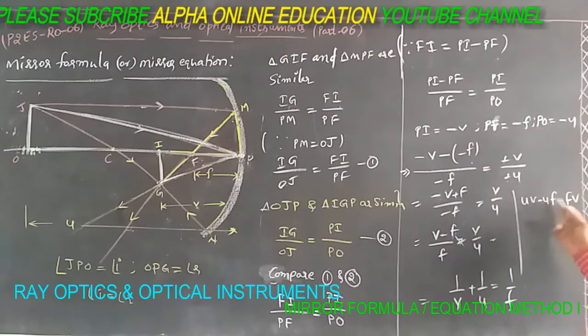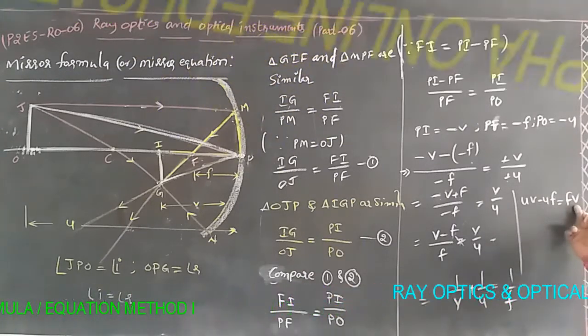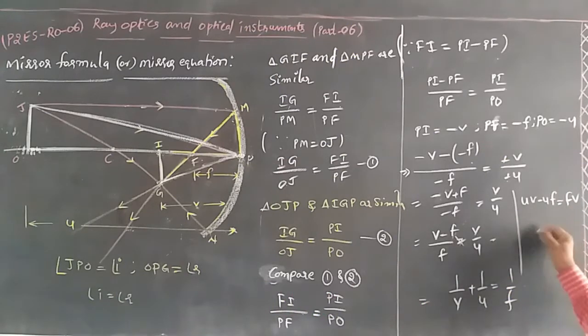Then we take the terms inside, and we get uv is equal to uf plus fv. From that, uv is equal to f of (u plus v).